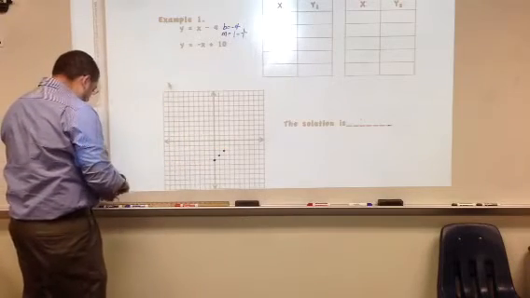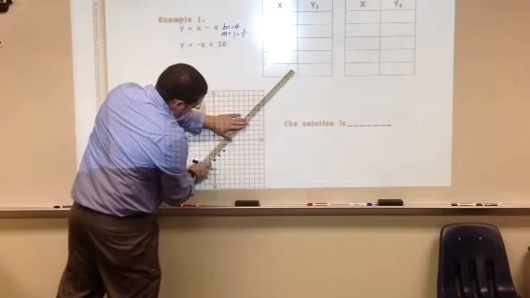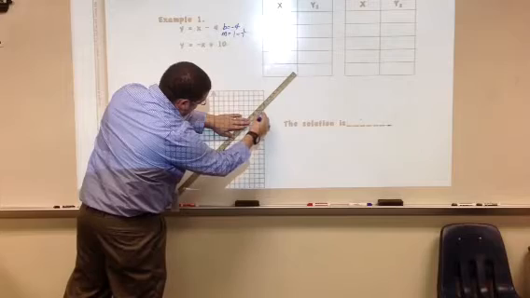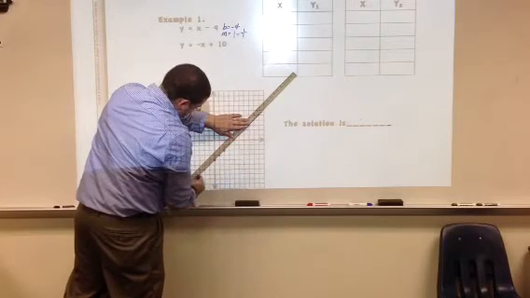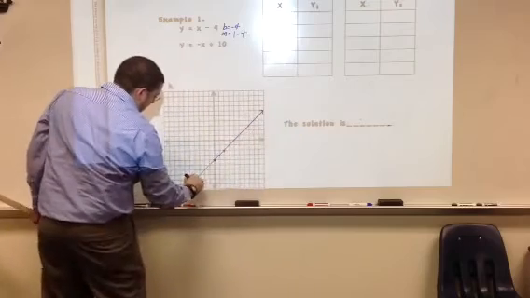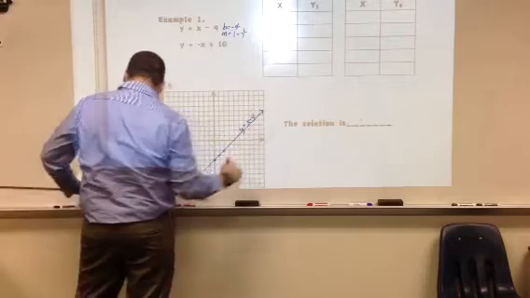So we've created 3 points on our graph there. And now I'm going to go ahead and draw the line. And again, the straighter the line, the better for these, because you want to know the exact intersection. And again, good practice to label your line. So this is y equals x minus 4.